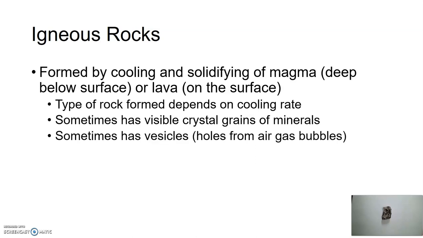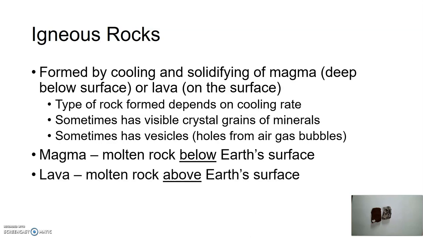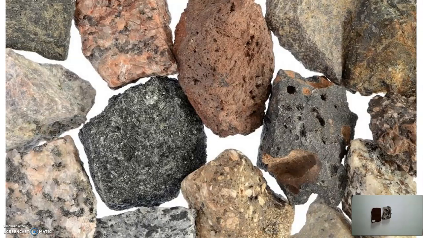Sometimes igneous rocks have vesicles or holes. Again, magma is molten rock below Earth's surface. Lava is molten rock above Earth's surface. Where that material cools, how fast it cools, and what is in that magma or lava itself determine what igneous rock will occur.